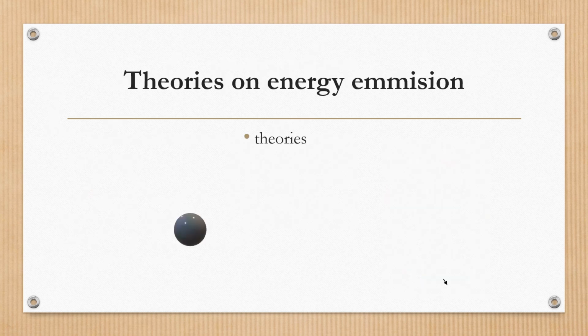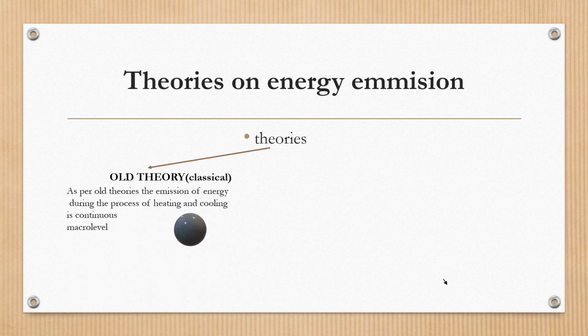Now there are two theories on energy emission. The first theory is the old theory. We can say that these are the old people's thoughts or assumptions. That theory is also known as classical theory. As per old theories, the emission of energy during the heating and cooling process is continuous.